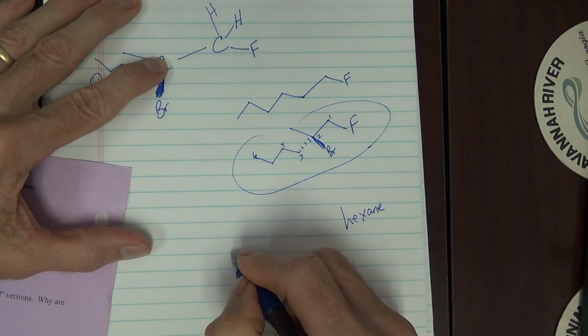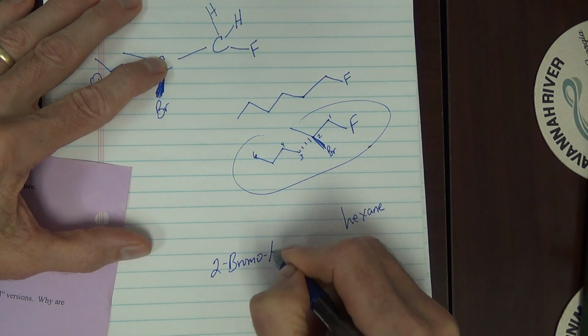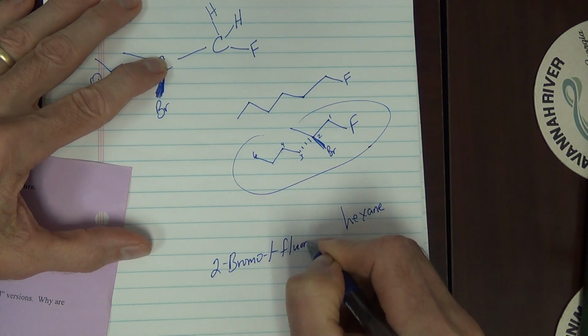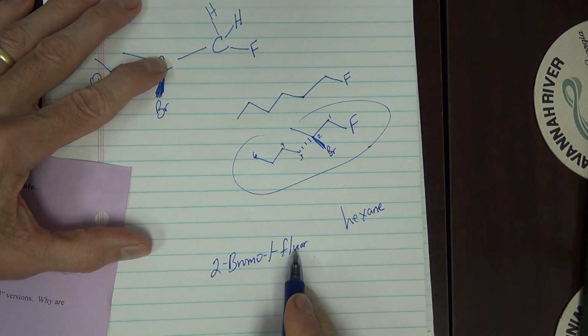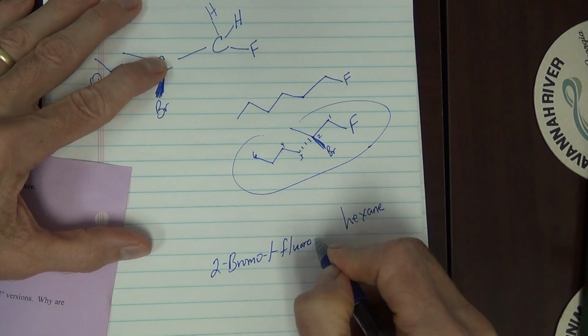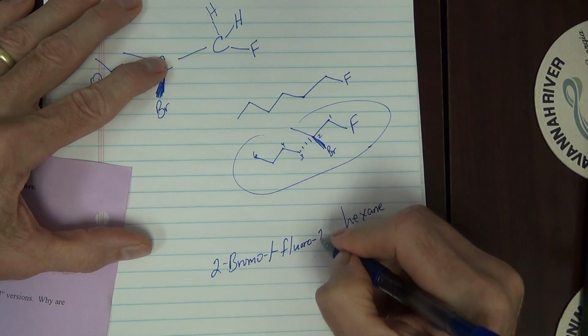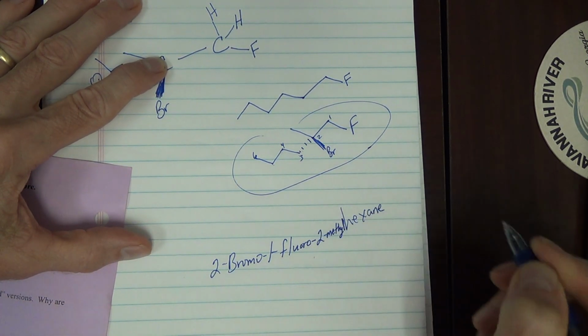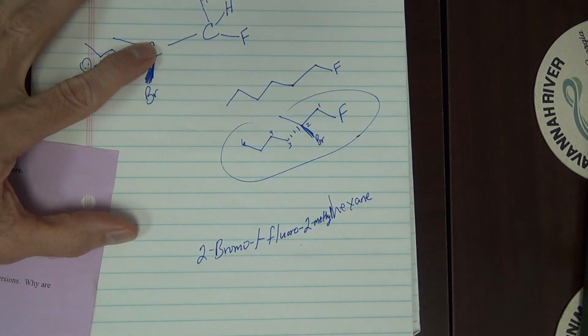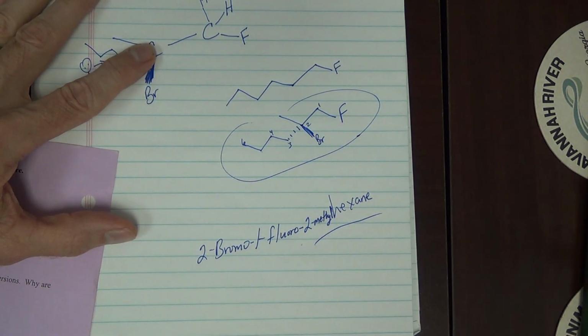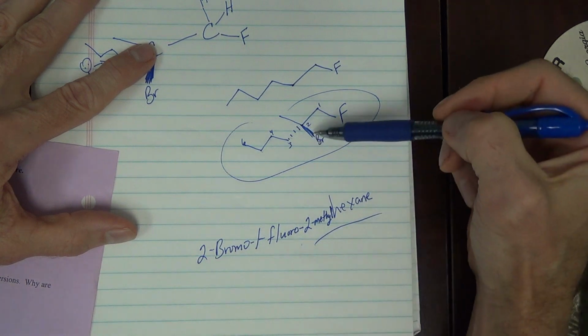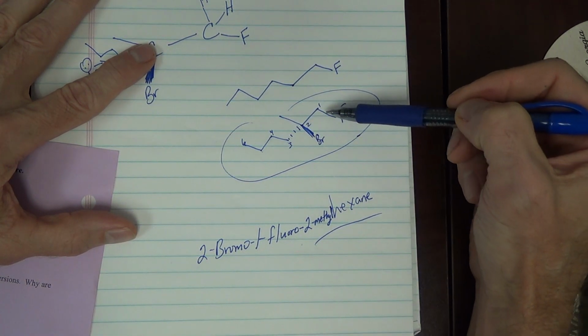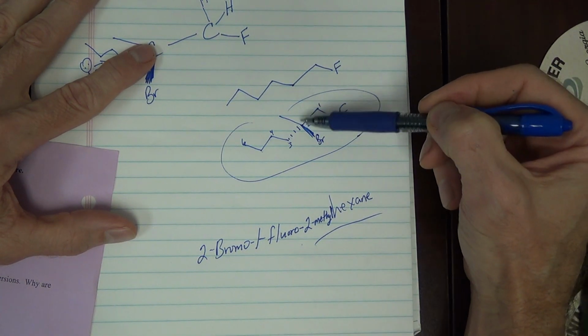Alphabetical order: 2-bromo, 1-fluoro, F-L-U-O-R-O, 2-methyl, all one word. 2-bromo-1-fluoro-2-methyl.